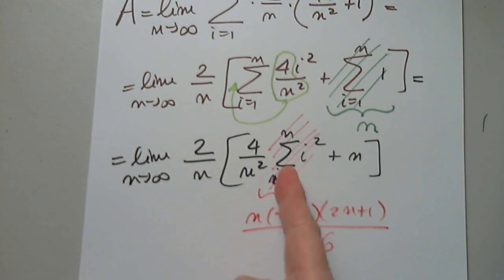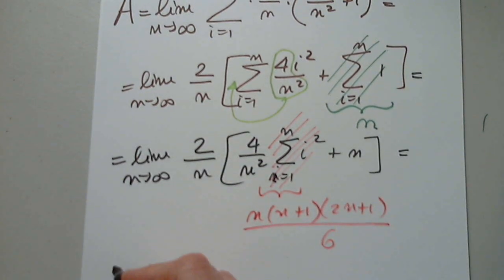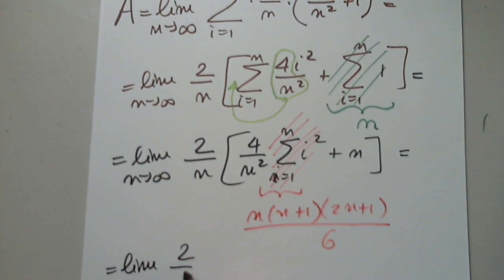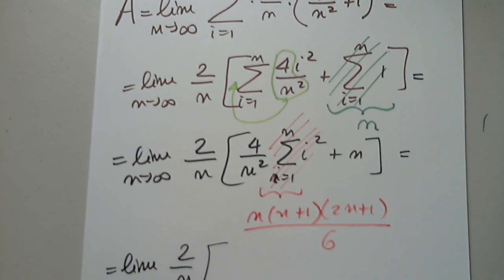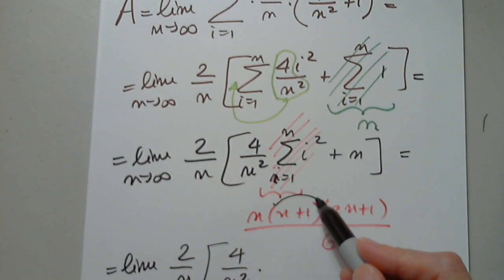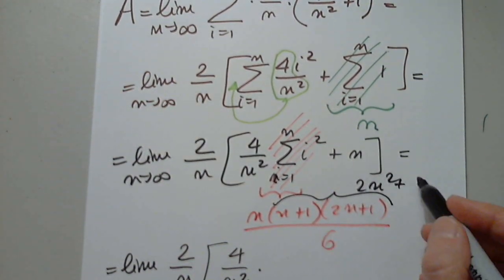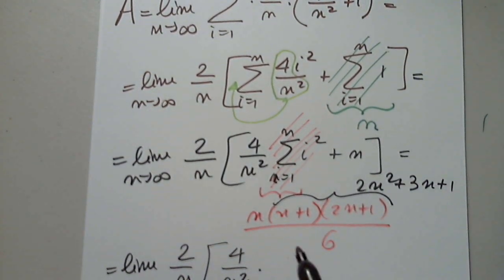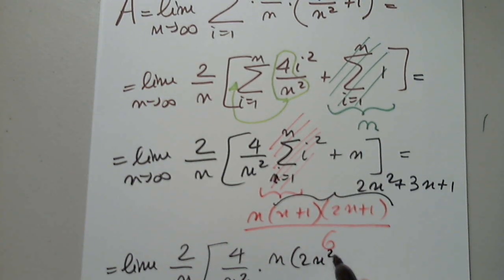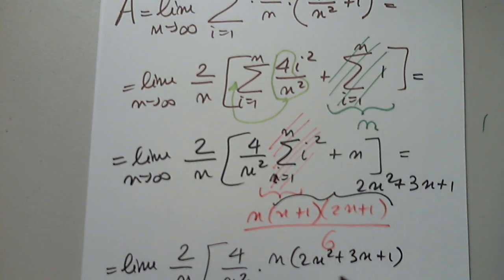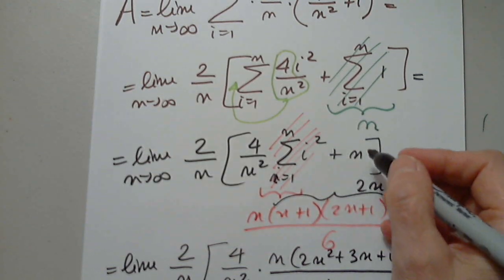That will replace the summation of I squared. Almost there. 2 over n, 4 over n squared. I will always distribute these two. n times 2n squared plus 3n plus 1 divided by 6 plus n.